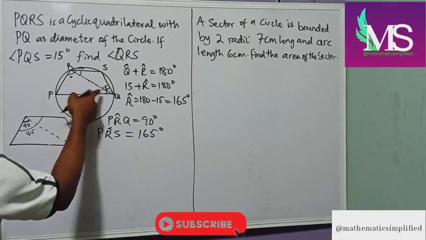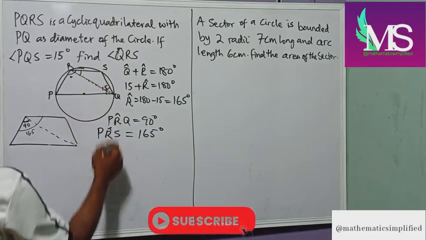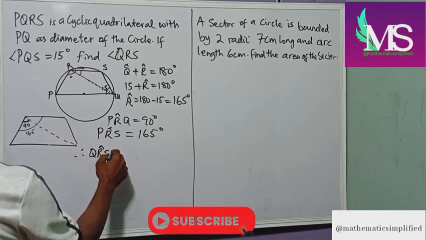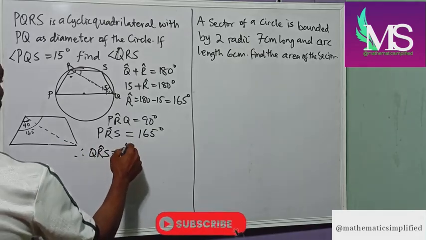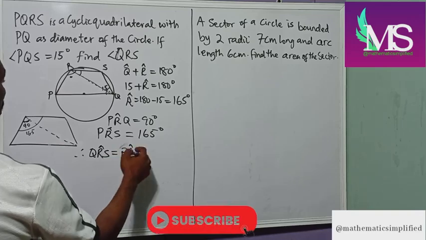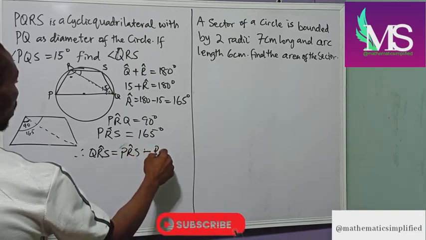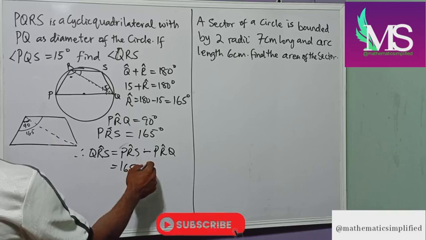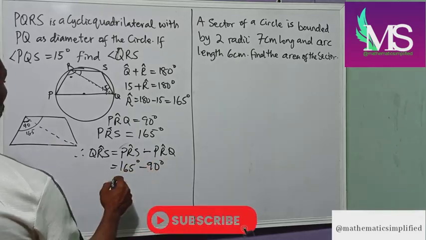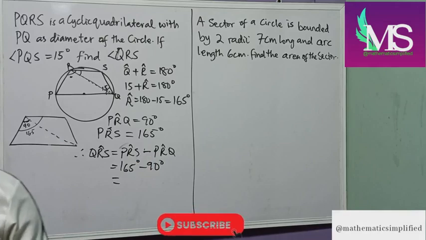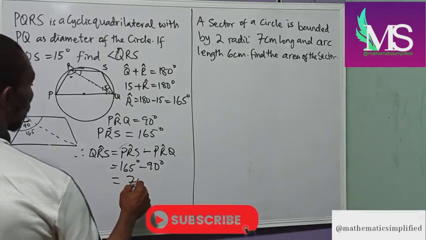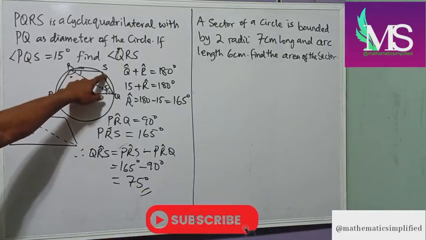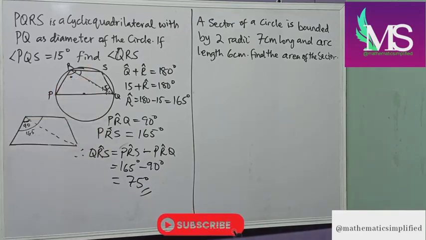So to get QRS, QRS equals PRS minus PRQ, which will give us 165 minus 90 degrees, which is 75 degrees. So our angle QRS will be 75 degrees.